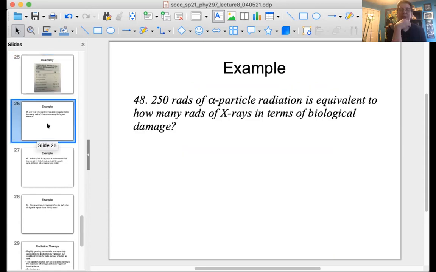And so that becomes 5,000 rads. So 250 rads of alpha particle radiation is equivalent to 5,000 rads of X-rays, in terms of what it can do to you. And so, quite a bit more dangerous.